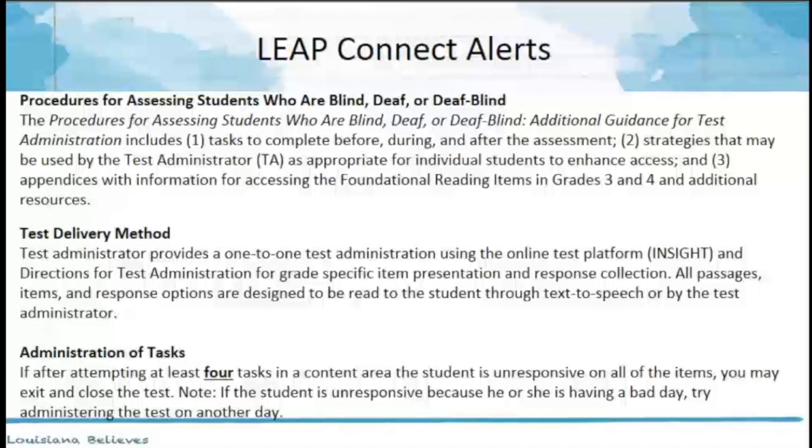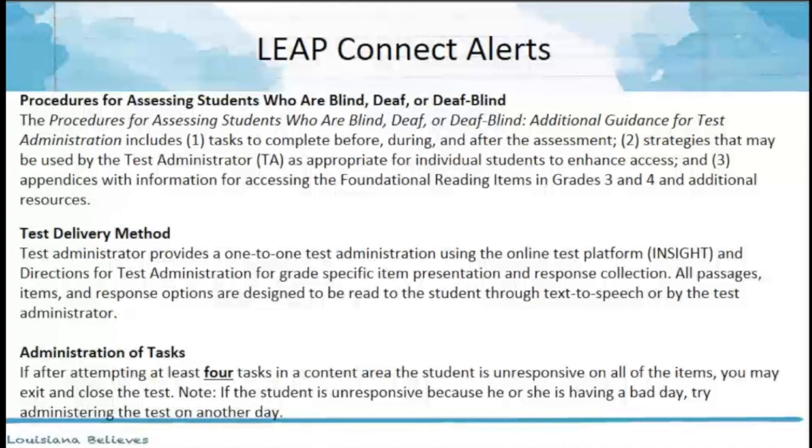There's also a document called Procedures for Assessing Students Who Are Blind, Deaf, or Deaf-Blind. This document is located in two places. One, the procedures are located in eDirect. The second version of this document will be mailed to you with your initial shipment, but it will include secure items. We are not posting secure items in eDirect; we've removed those.